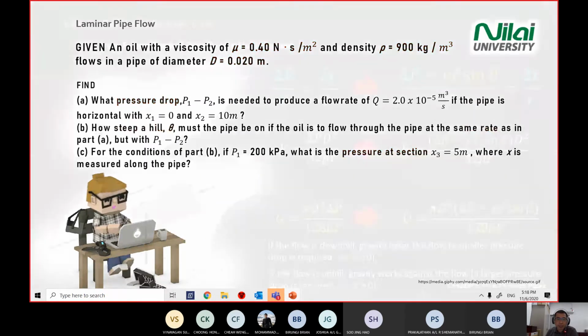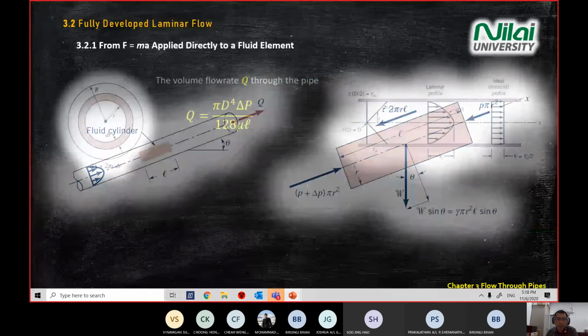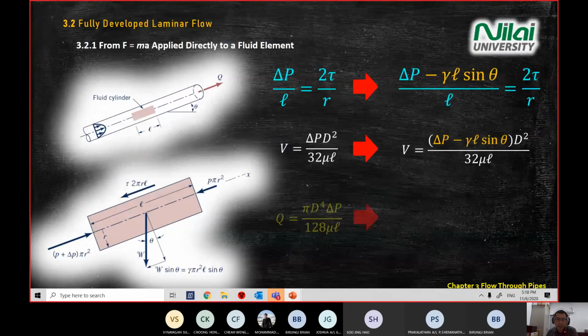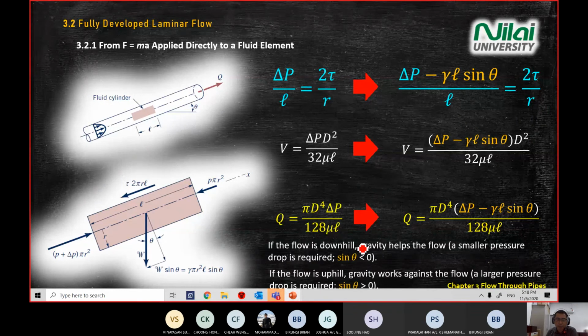Okay, just go back to the upstream, downstream. Just now I think I missed out something. Now, if the flow is downhill, it's coming down like that, your sine theta is less than 0.